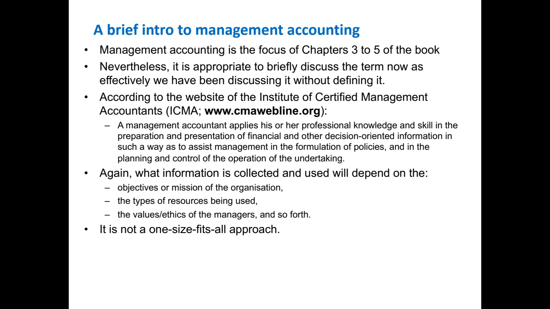So the people that are making these decisions, directors and managers, need good information. And as accountants, we are the people that provide them with that information. So when we talk about management accounting, that's what it is. It's providing internal stakeholders with good quality information so that they can make informed internal decisions. That's the basis of management accounting.